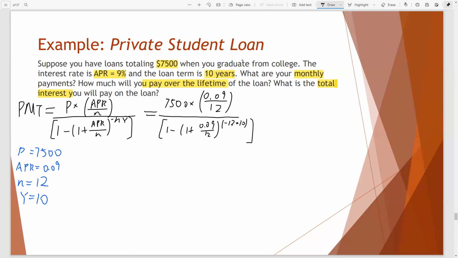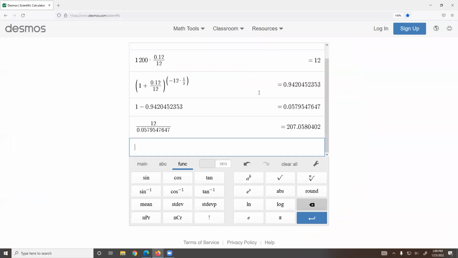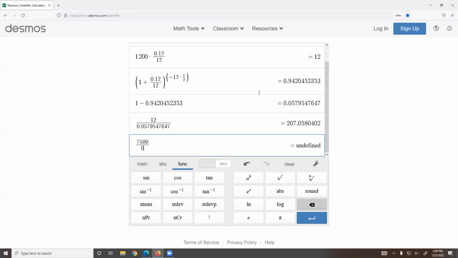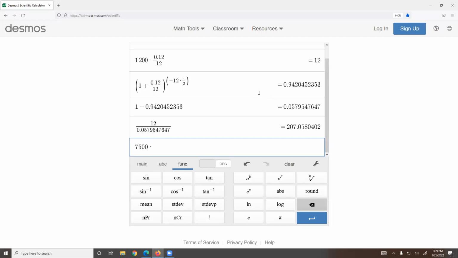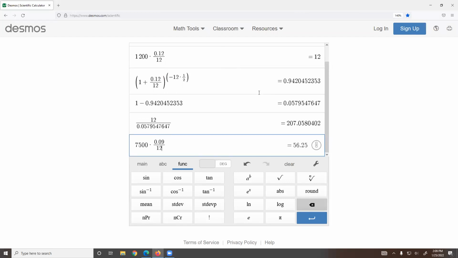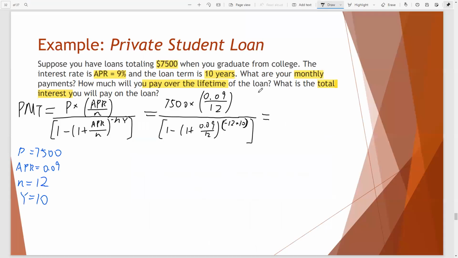That's 120 payments made in total. So let's do the numerator: 7,500 times 0.09 divided by 12 gives 56.25.